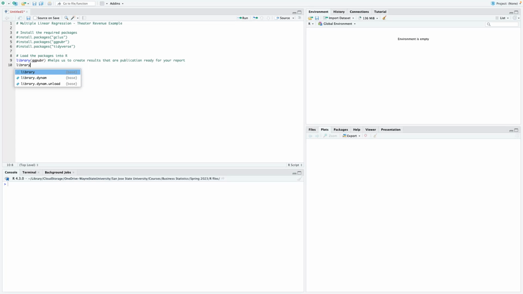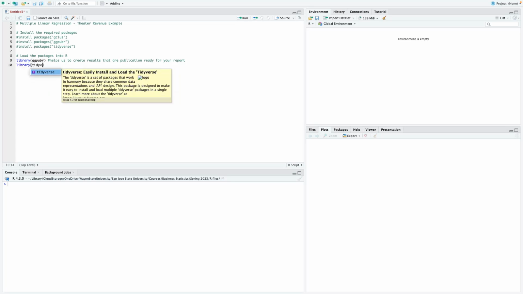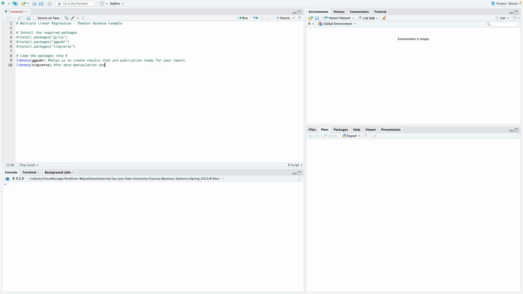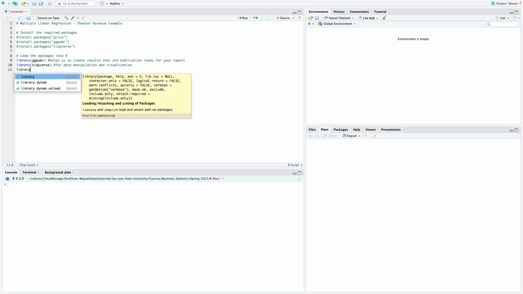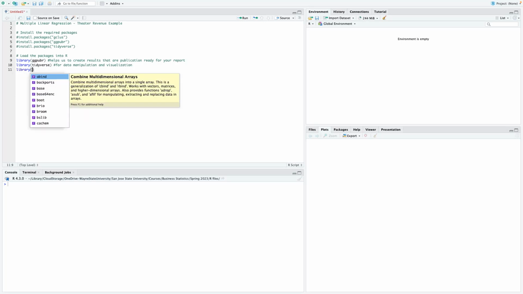And then the next one is, you can see I have it already installed, right? So it's just going to pop up for data manipulation. And then the next one would be GGally, which would help us in our scatter plot.